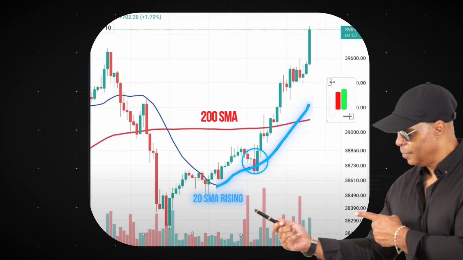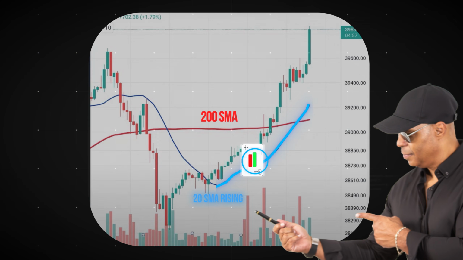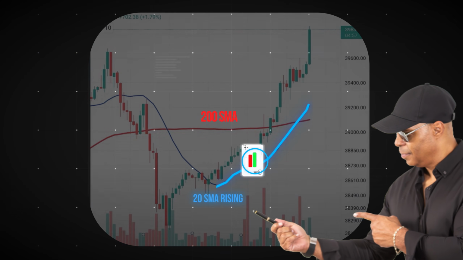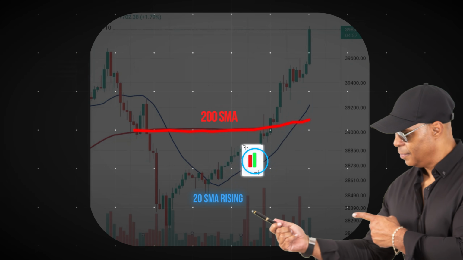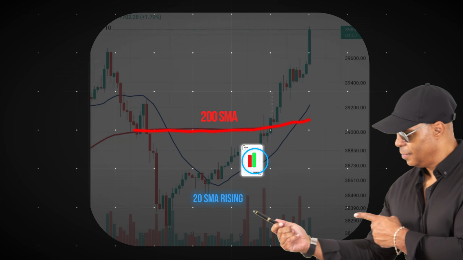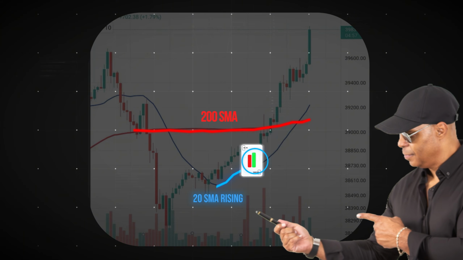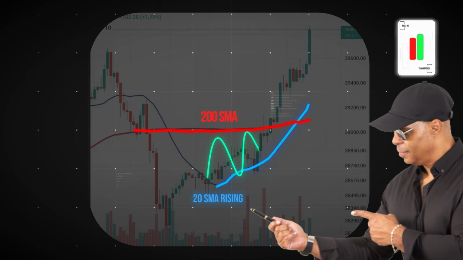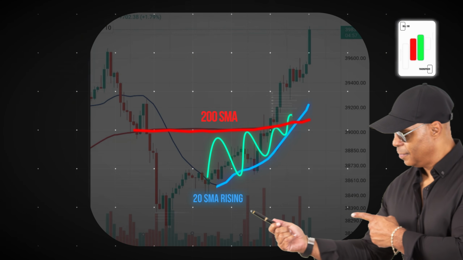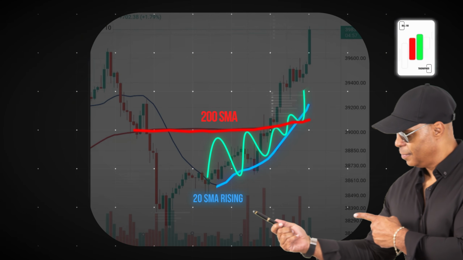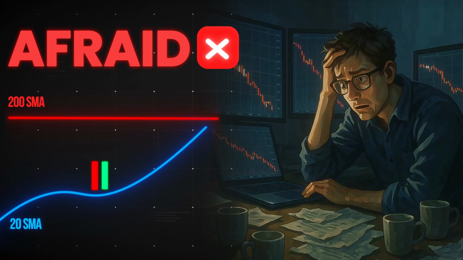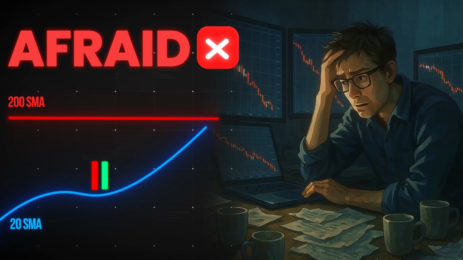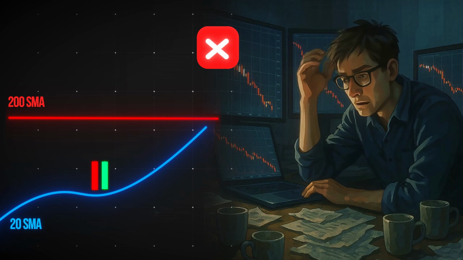Because you've got the exception scenario: the flat 200 above, but the rising 20-period moving average giving you a buy signal and containing the price activity. The 20 and the price are ganging up together to overrun the 200. So in this case, you wouldn't be afraid that there's resistance above, not in the 20-period moving average squeeze.